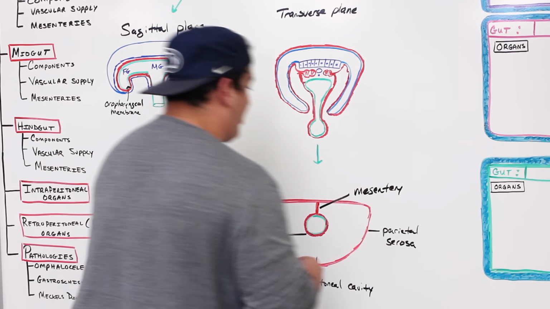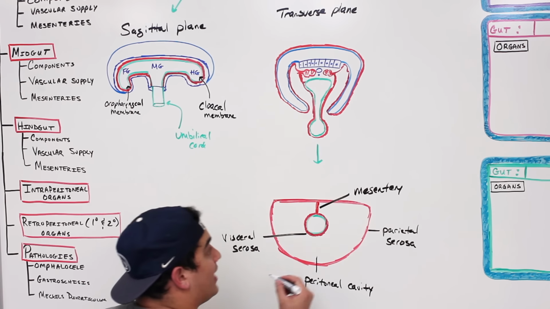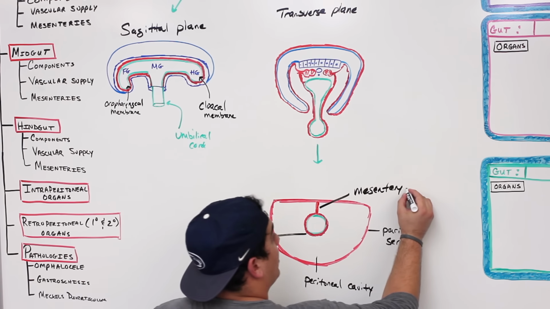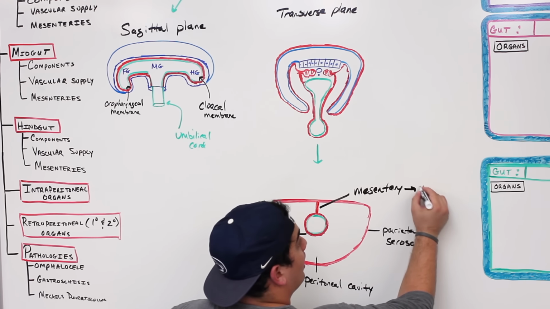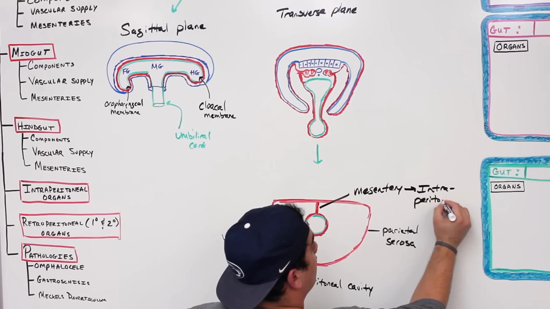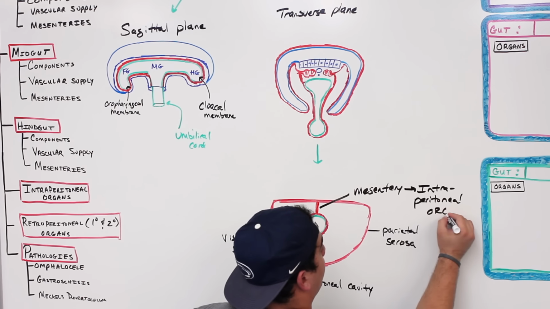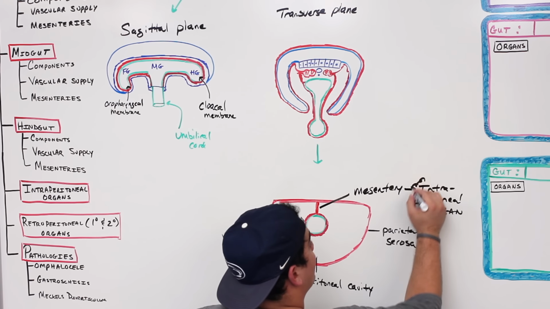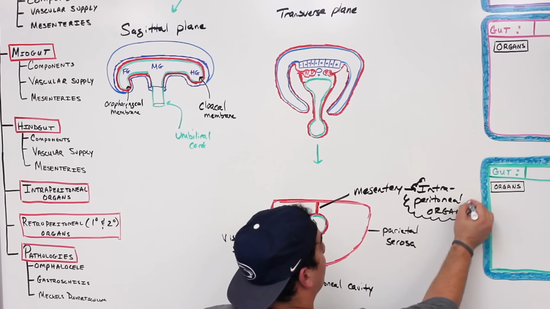So let's write that down here. If this guy has a mesentery, it's going to help us to determine that this should be an intraperitoneal organ. Okay, this is extremely, extremely important.